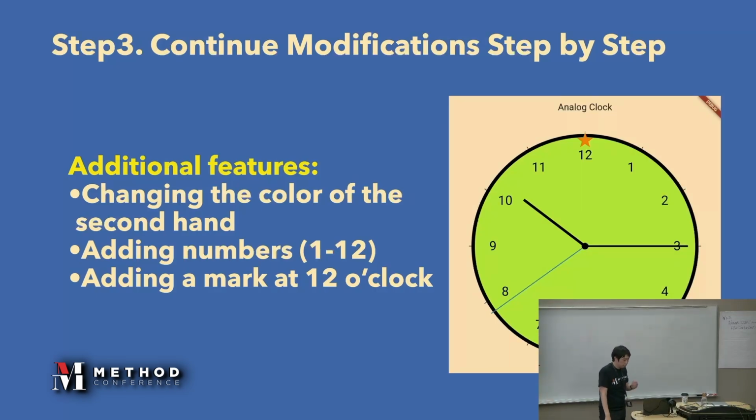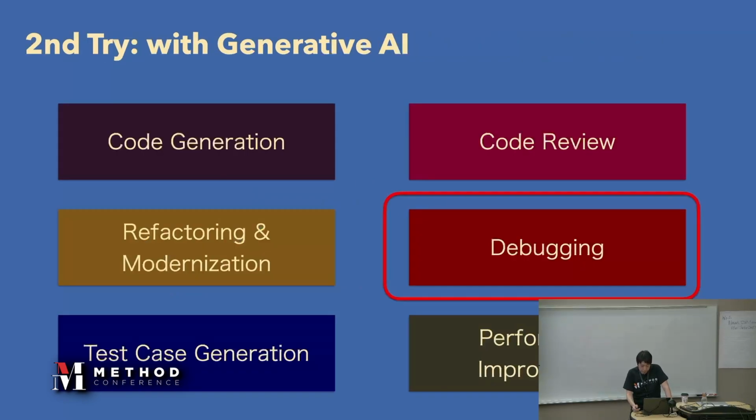We have to throw a new prompt to implement these additional features. But it's the same step as I explained. By going through step by step, you can easily implement all these features.